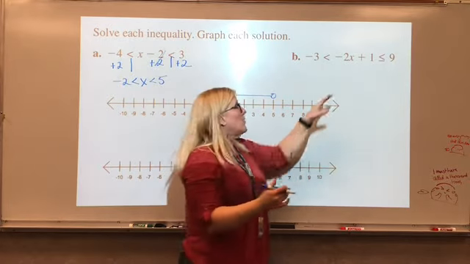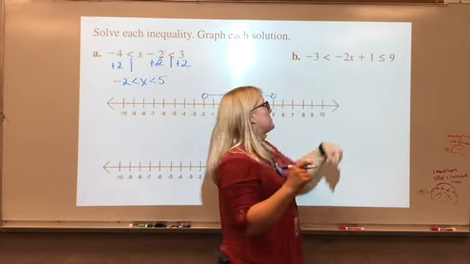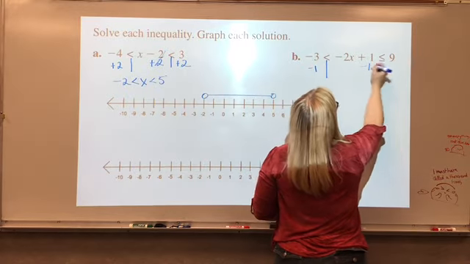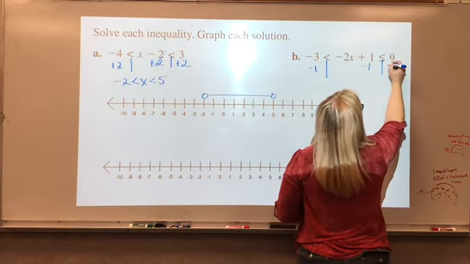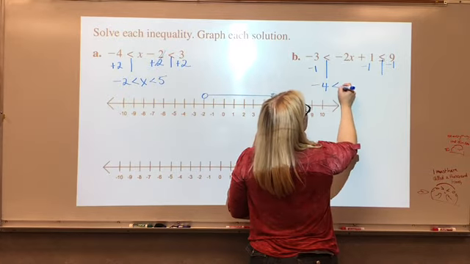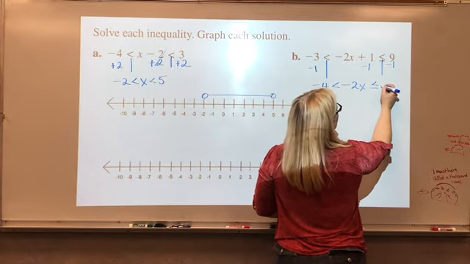Okay, same thing. We want to get x by itself, but this one has a twist, so pay close attention. So I'm going to subtract 1 from all, here's my lines if I want those. Subtract 1, and I've got -4 is less than -2x, which is less than or equal to 7.